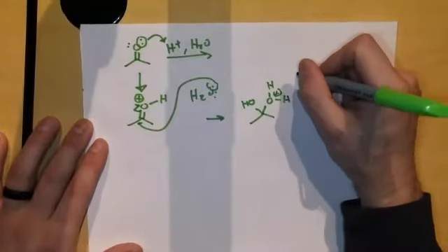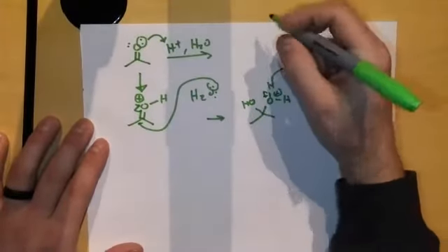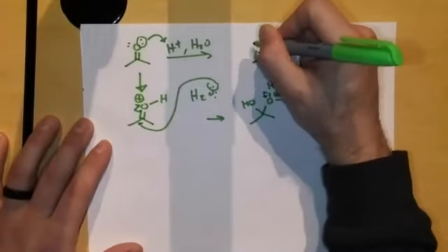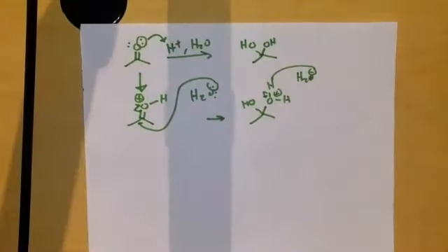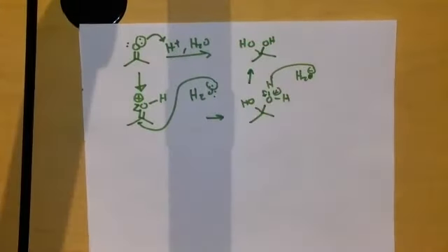Kick off this last proton to another water and make what's called gem diols, where both of our oxygens are on the same position here. This is also reversible, so you can go back in the other direction. For a lot of the reactions we're going to talk about today, if you want to take them off, this is going to be the way to do it, is just throwing an H+ and H2O, and it'll let you kick out whatever you have.